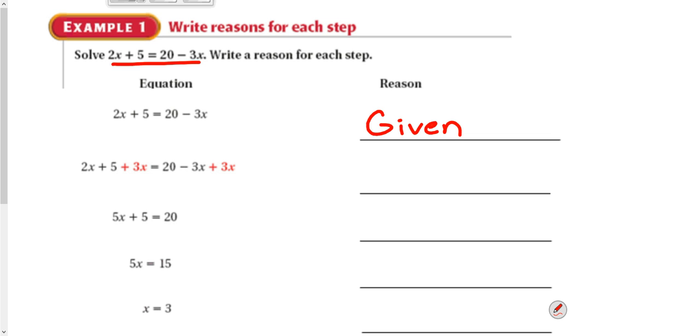Then we drop down to the next one and we see 2x plus 5 plus 3x equals 20 minus 3x plus 3x. So we're trying to move that minus 3x over to the other side, so we're adding 3x to both sides. So the key word there, add 3x to each side. So that's our addition property.